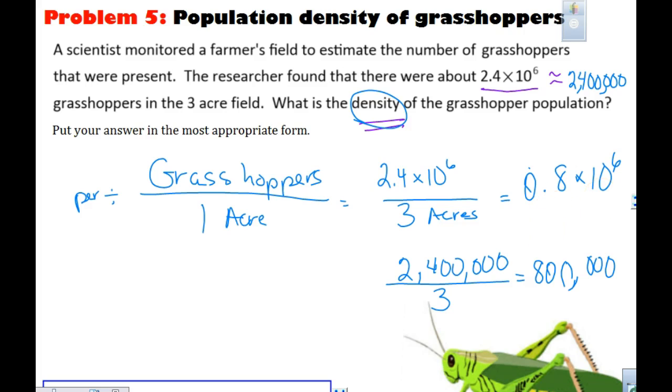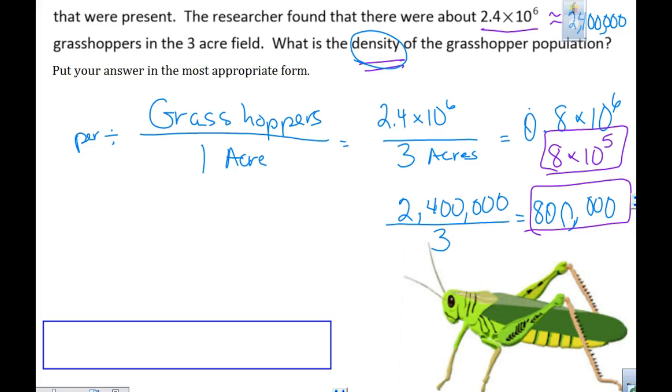Someone said if I was going to write it in standard scientific notation, it would have been 8 times 10 to the 5th. I agree. I would have taken this answer. But when I'm talking about grasshoppers, doesn't it make sense to tell me when it's less than 1 million or 100 million? To say there are 800,000 grasshoppers in that 1 acre.